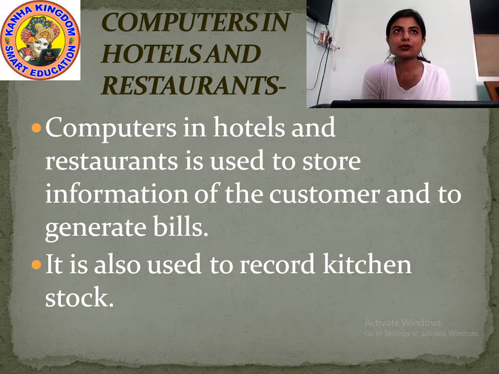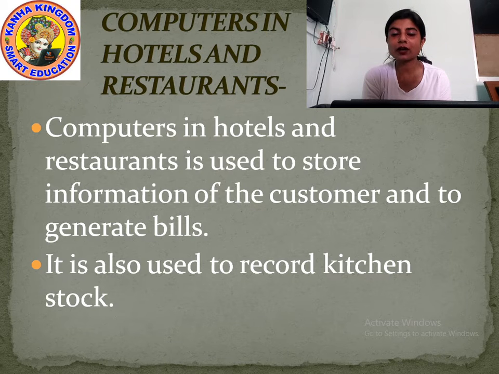Now students, why do we use computers in hotels and restaurants? We use computers in hotels and restaurants to store information about the customers and to generate bills. It is also used to record kitchen stock. In hotels and restaurants, the billing is done with the help of a computer.